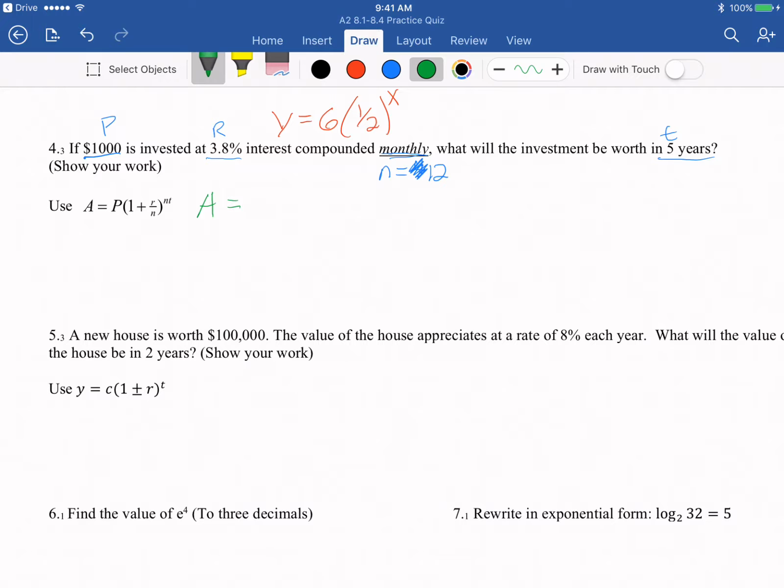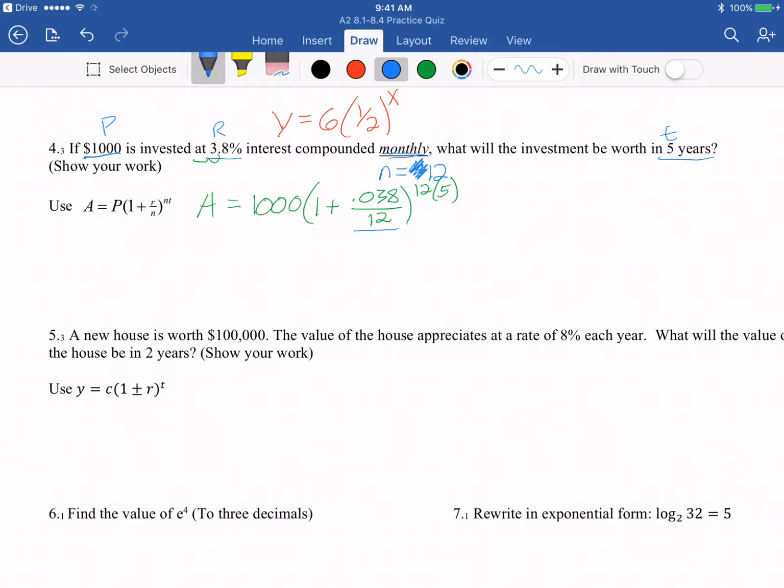So we get A equals, my P is 1,000. I have 1 plus 0.038. Don't forget to move that decimal place 2 places. Over 12 raised to the 12 times 5 here for my time. All right. So again, now we just have to go through and put this in your calculator.